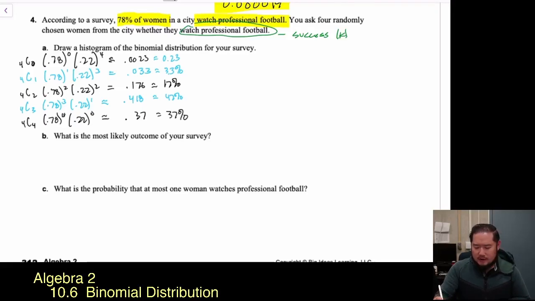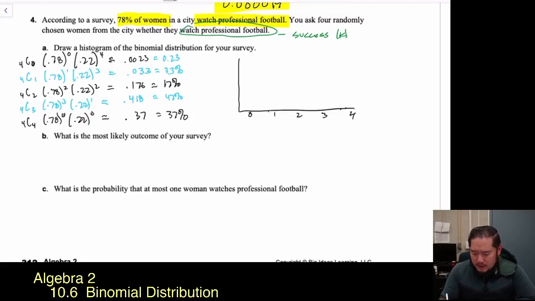Since we didn't do it the first time, let's put up our histogram. We have the probability of getting 0, 1, 2, 3, or all 4. The axis goes 0.05, 0.1, 0.15, 0.2, 0.25, 0.3, 0.35.